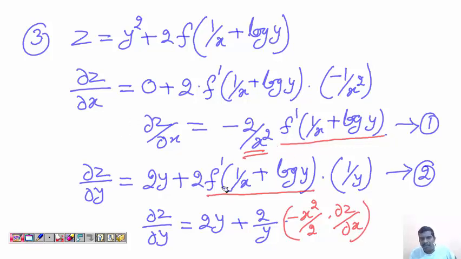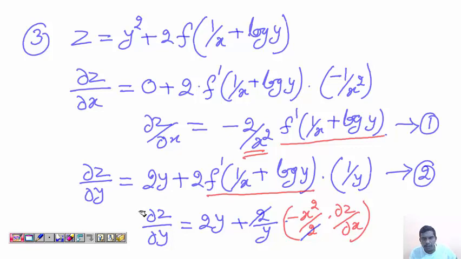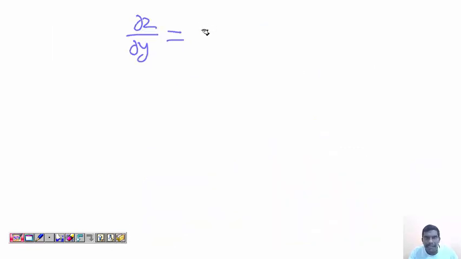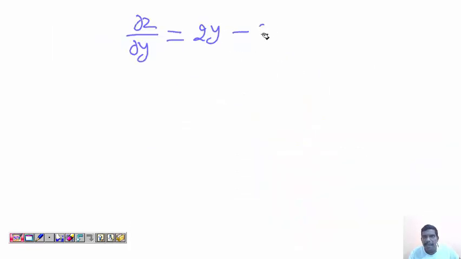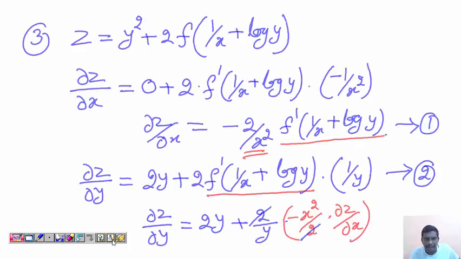In place of f dash, I am writing this. Then this 2 and 2 will get cancelled. We have dou z by dou y equal to 2y minus x square by y into dou z by dou x.